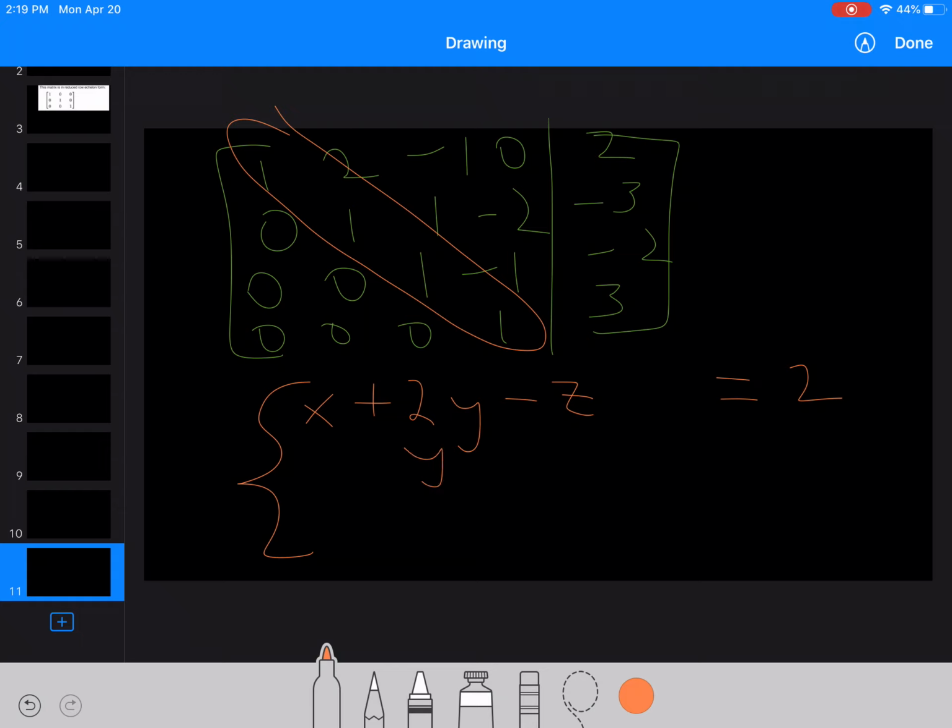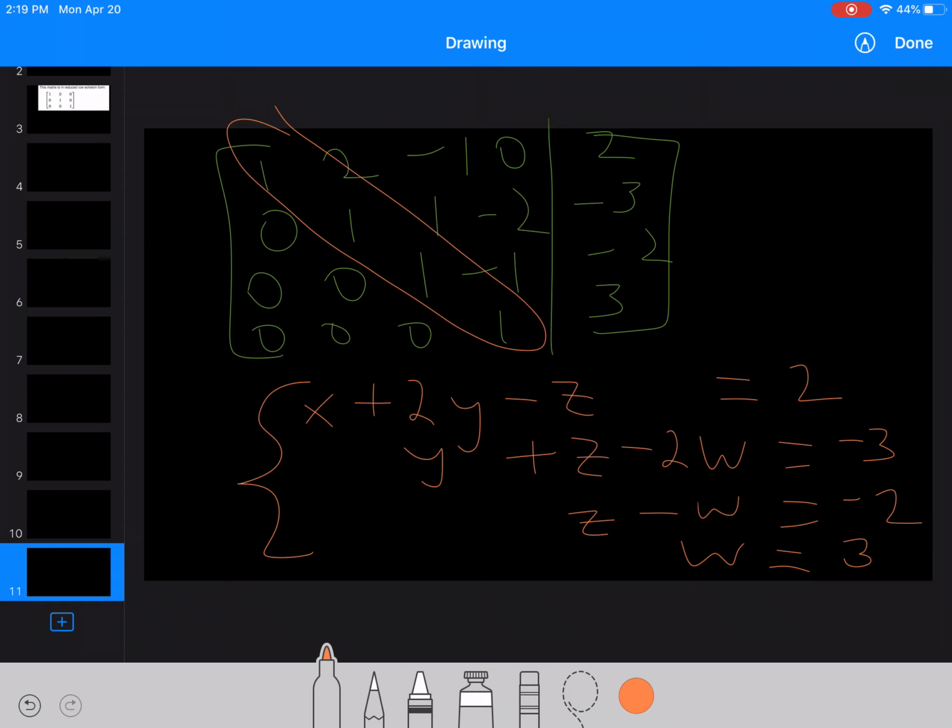I'm going to have y plus z minus 2w equals negative 3. Then I have z minus w equals negative 2. Then I have w equals 3. So now all we have to do is do back substitution.